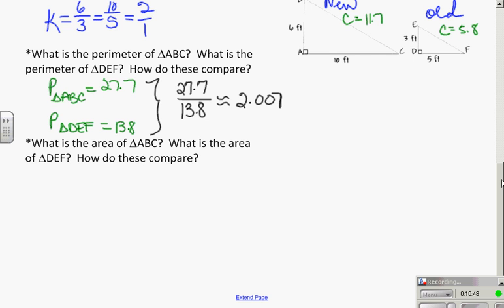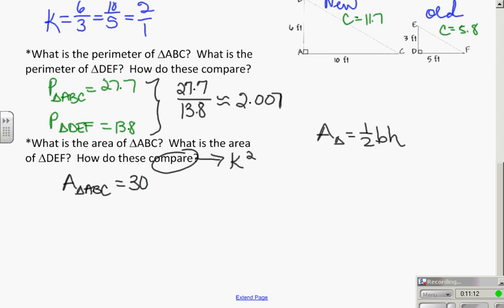Now, what is the area of ABC and the area of DEF? Area is going to relate by a factor of k squared, so I expect this value to be 4. Okay, I'm looking for it to be 4, but they should compare at k squared. Remember, area of a triangle is 1/2 base times height.